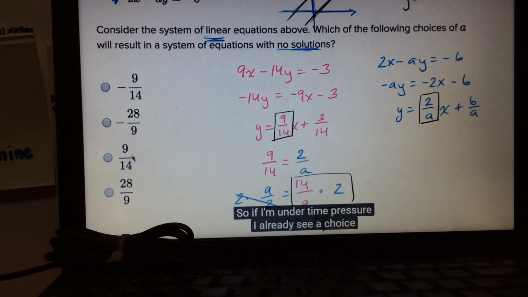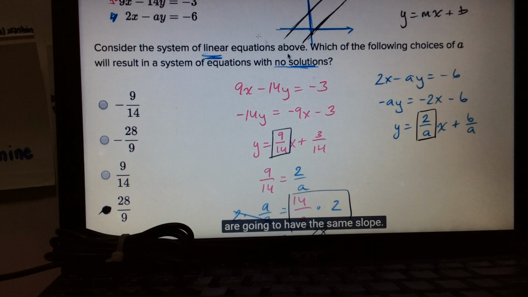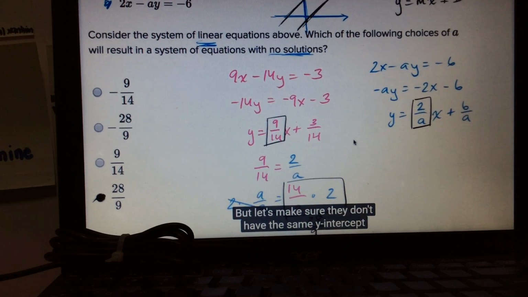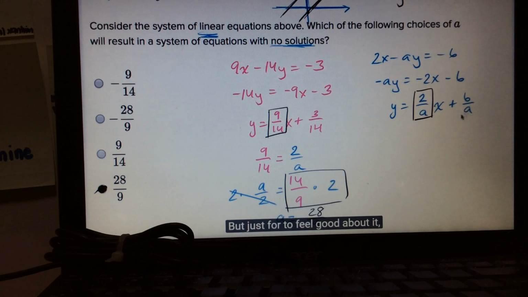If I'm under time pressure, I already see a choice that's looking pretty good. But if a is 28 over 9, these two are going to have the same slope. Let's make sure they don't have the same y-intercept. I wouldn't do this if I was under time pressure, but just to feel good about it: the y-intercept is 6 over a, so it's 6 over 28 over 9.